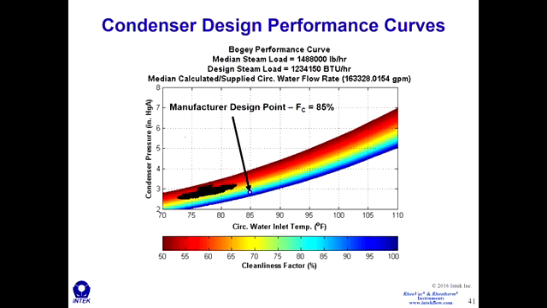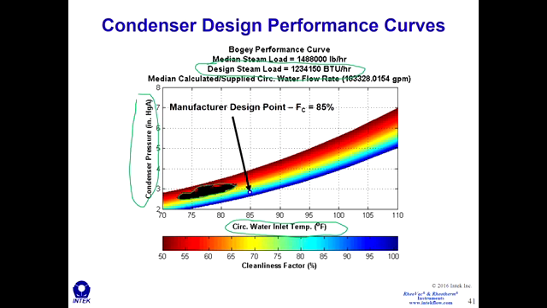And so once you get all those formulas down, you can make a plot like this. This is what we call a bogey plot. You would filter your data for a given steam load. You would plot your measured condenser pressure versus your cooling water inlet temperature, and you would get a cluster of data like this.